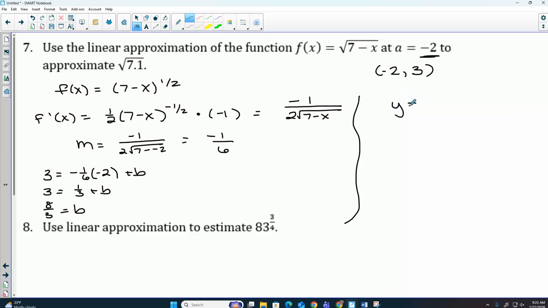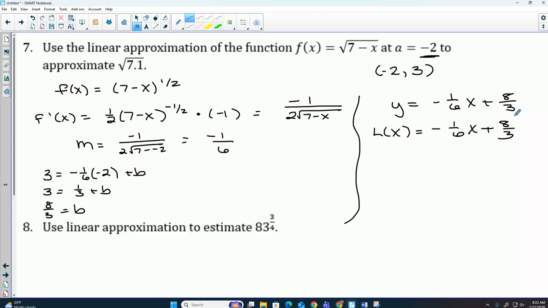If you write y equals mx plus b, -1/6 x plus 8/3, that's fine. You'll notice I usually use L of x just to denote the linear approximation. They're the same. I'm not going to count it wrong if you put y instead of L of x. So that's basically just the equation of the tangent line at that particular point.